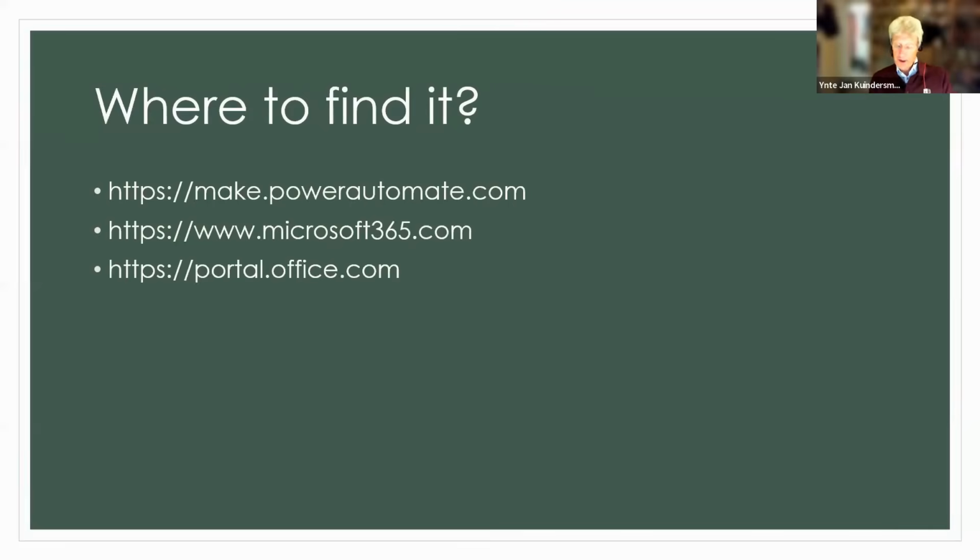Where do you find it, or how do you get it? Well, probably you know the address portal.office.com. That's the starting point of your online Microsoft 365 environment. So if you would go to this address, portal.office.com, you might even try it if you want at this moment. Then you will find a screen with a lot of interesting stuff on it. But at the left upper corner of this website, there will be a button saying apps.